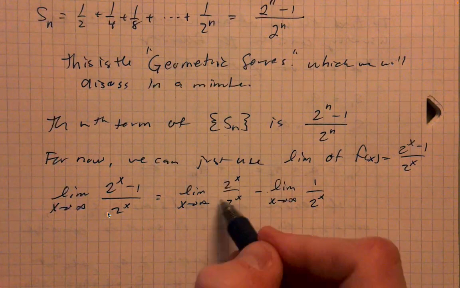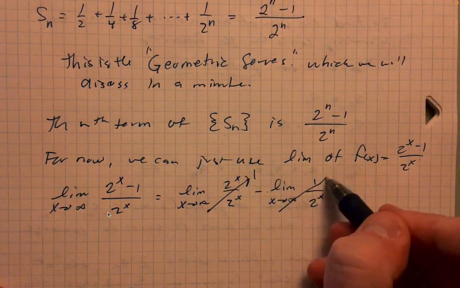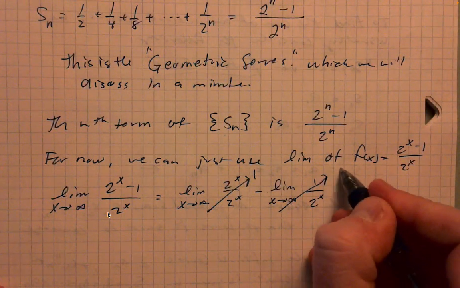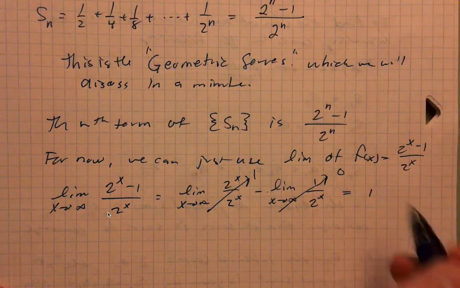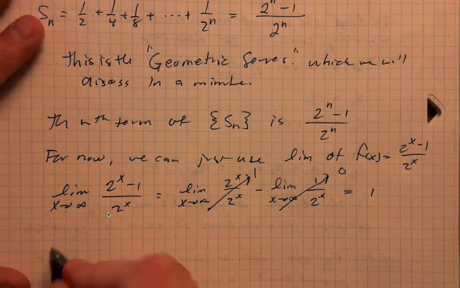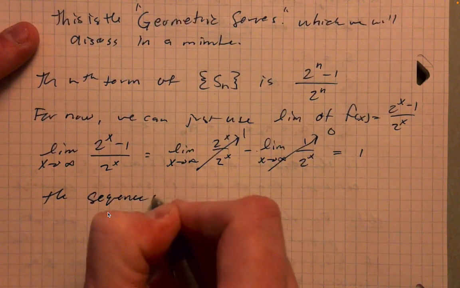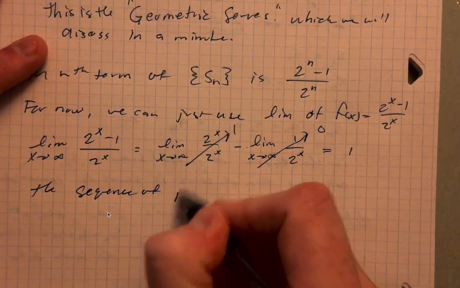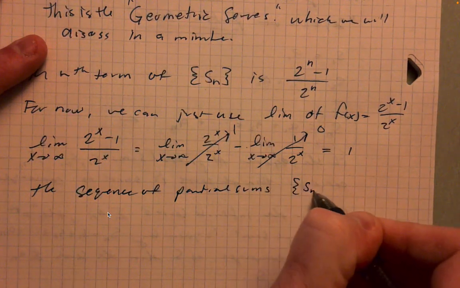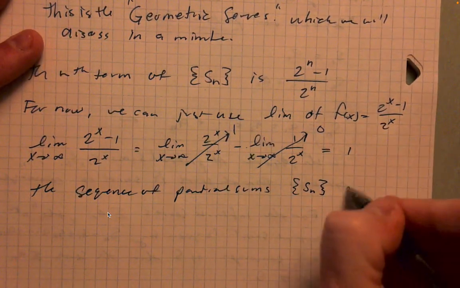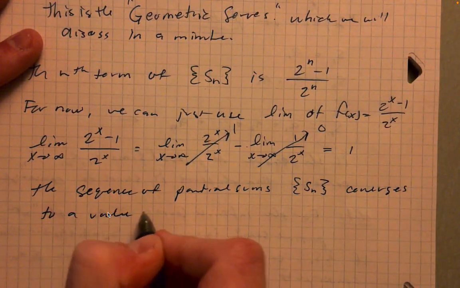Now, obviously this is going to be equal to 1, and this is going to head to 0. And so what we can see is that this limit here is equal to 1. And so the sequence of partial sums, we'll just denote it as S of n, converges to a value of 1.